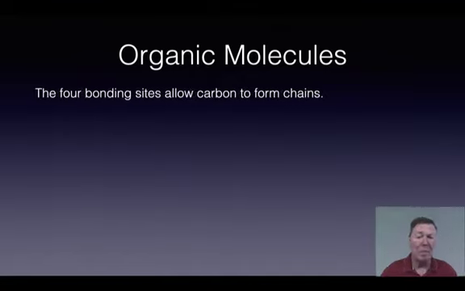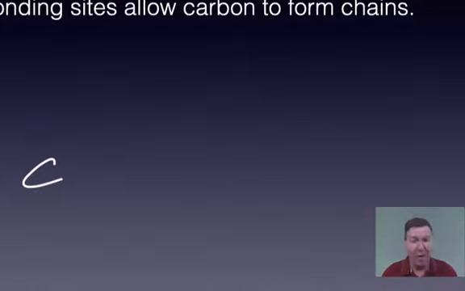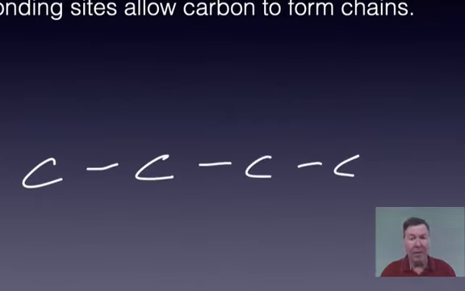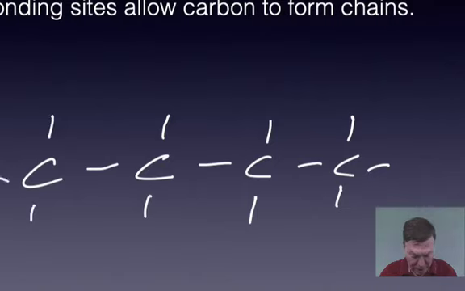With carbon atoms, we can form chains. We can take a carbon with 4 bonds, it has to have 4 bonding sites, and we combine it with other carbons to give us a long chain. Every time you see a carbon atom, you need to have 4 bonding sites. So every one of these would have 4 bonding sites. What do we bond with them? Well, we could bond a lot of hydrogens.